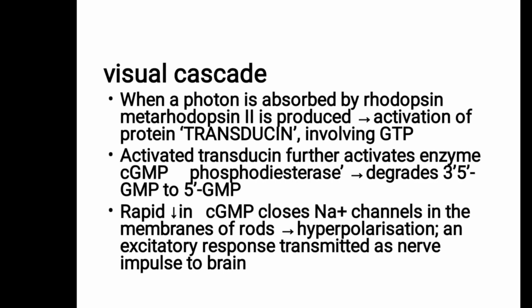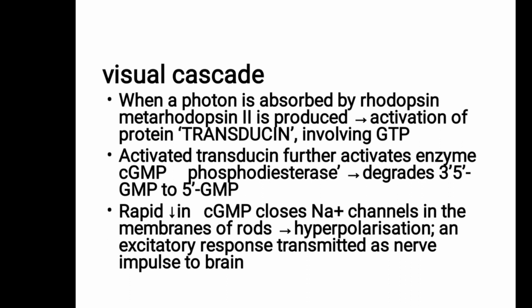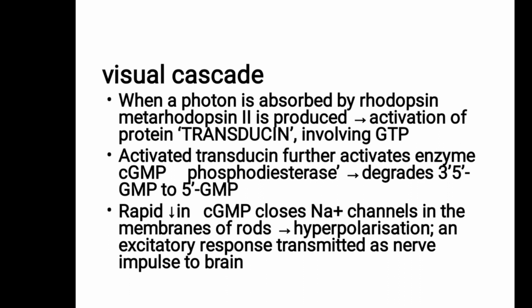Activated transducin further activates the enzyme cyclic GMP phosphodiesterase. This enzyme breaks down 3',5'-cyclic GMP to 5'-GMP.